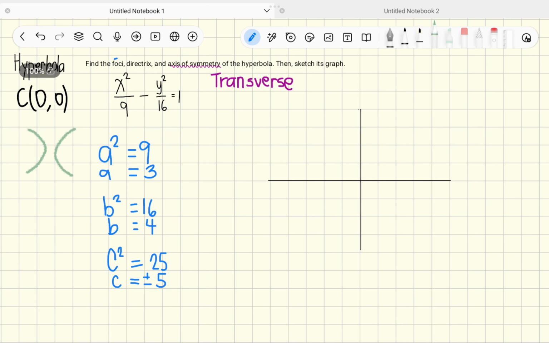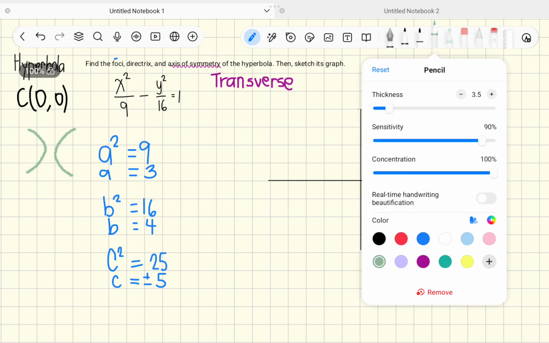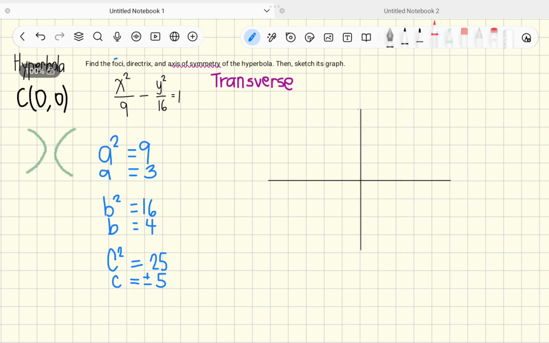Then let's try to determine how many steps the vertex is. Where do you think the vertex will be? It is a units, right? So the vertex is a units left and right. If this is 0, 0, then 1, 2, 3, one vertex is here, and the other one, 1, 2, 3, is here.